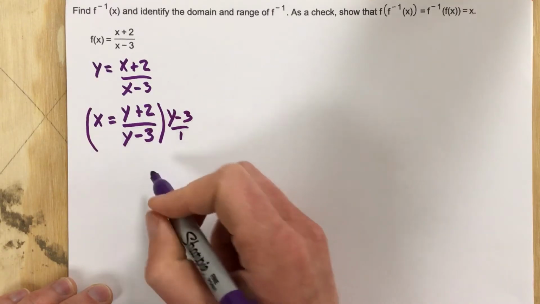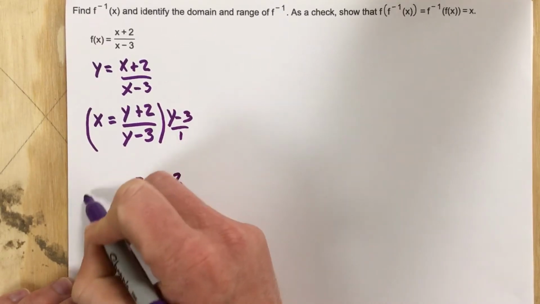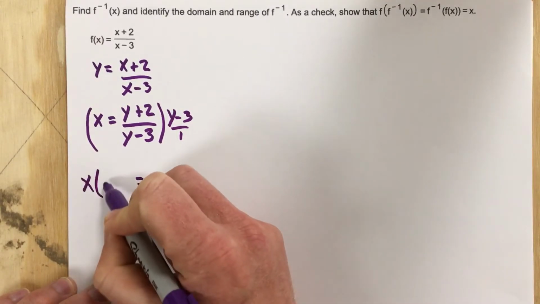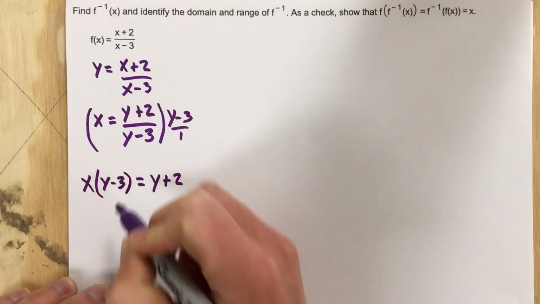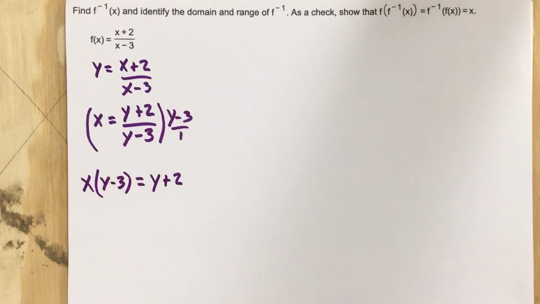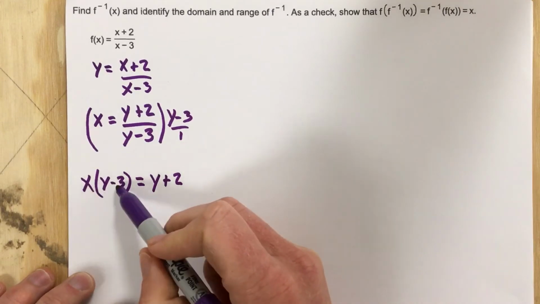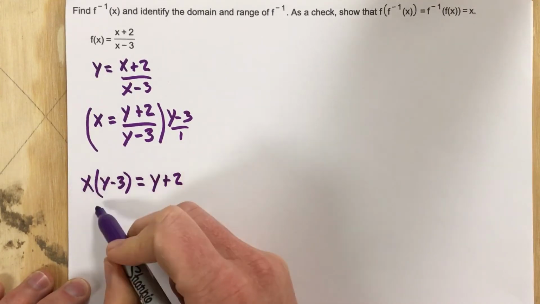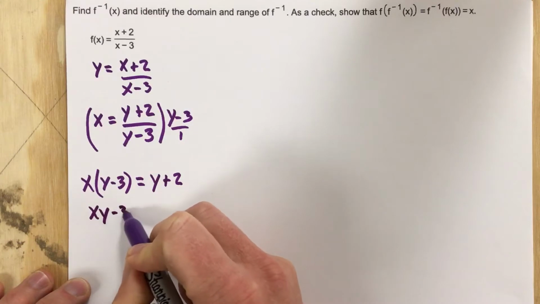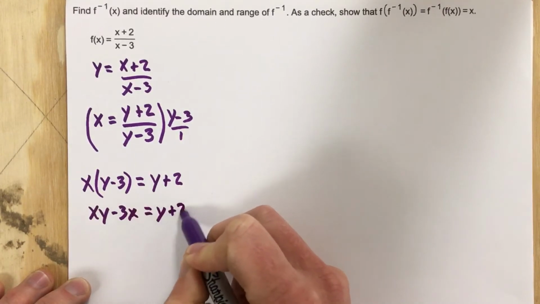On this side it cancels, you're left with y plus 2 equals, on this side you get x times y minus 3 when you distribute it. Now we want to isolate the variable on the same side. We're trying to get y by itself, so we want to move this y over, and at the same time we're going to distribute. So let's distribute the x, and we get xy minus 3x equals y plus 2.